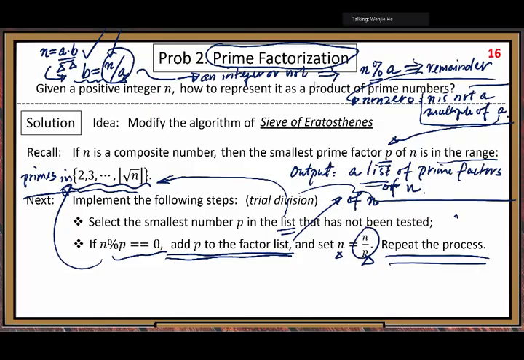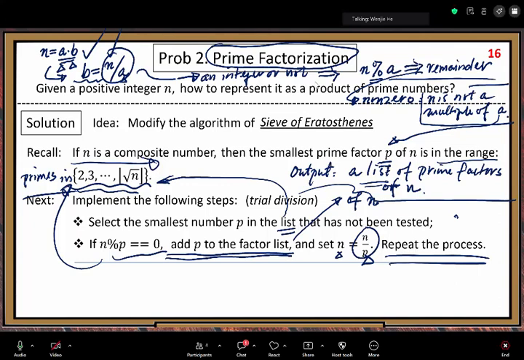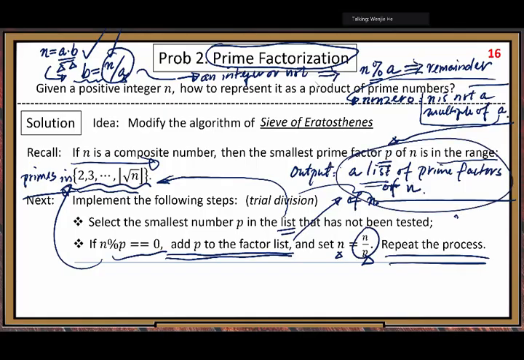Then at the end, after we finish processing the whole range, we need to generate the final result. Because at the end, we have this whole output list, but we need to give the prime factorization of the given number n.